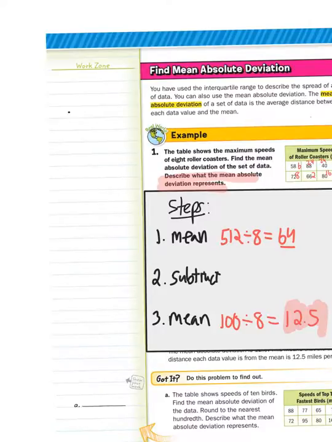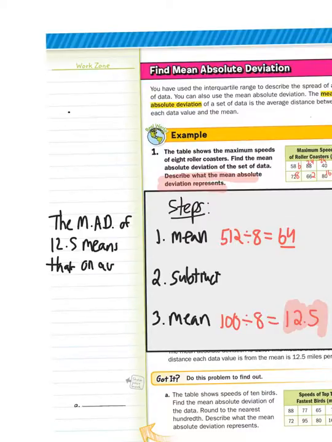So we'll write here. The mean absolute deviation, you could abbreviate that MAD, of 12.5 means that on average, each number is 12.5 away from the mean.